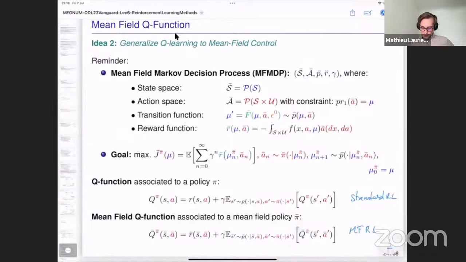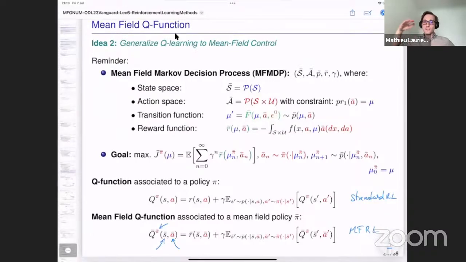The idea is that now you put bars everywhere. What do bars mean? S bar is basically a state distribution. A bar is a state action distribution. And the bar on the pi means that you have a policy at the level of the population from which you sample a policy for all the agents, right?